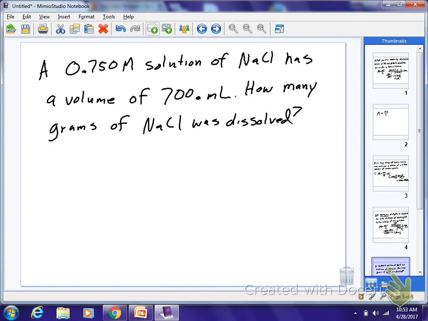So in this one, you're solving for grams of NaCl. The molar mass of NaCl is 58.44 grams per mole.